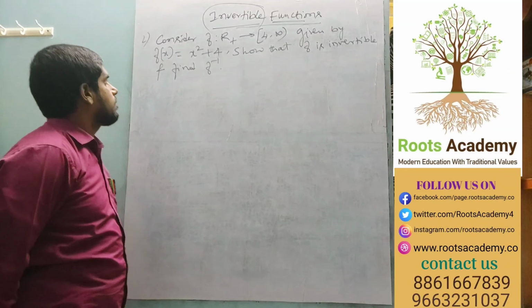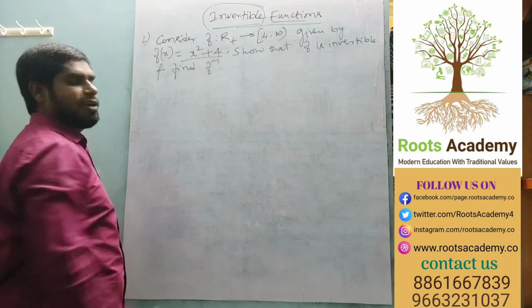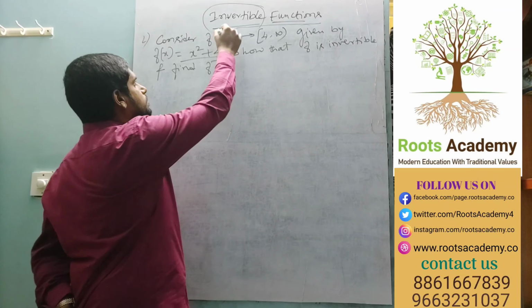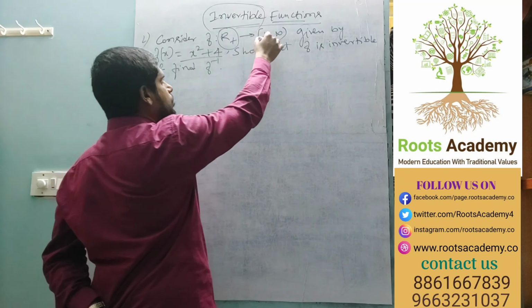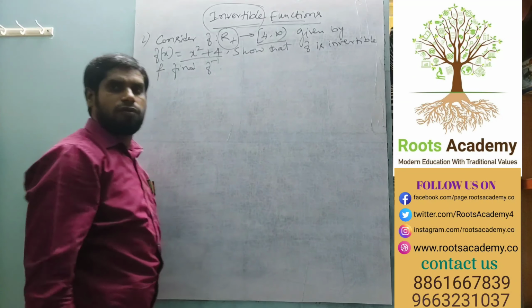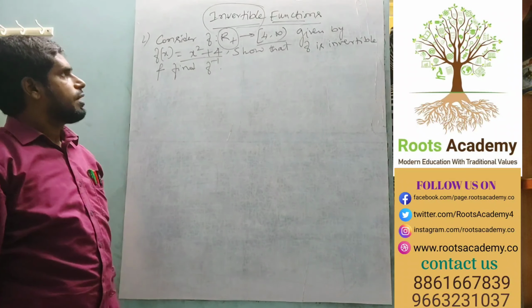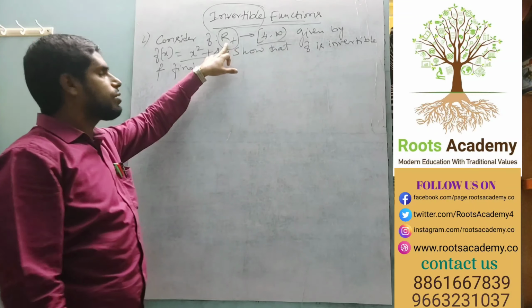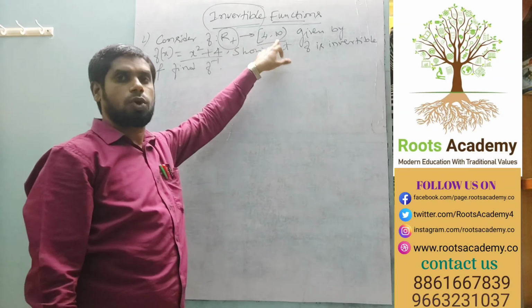Student, here the function is a quadratic equation and it is defined from positive real numbers to the closed interval [4, infinity). It means there are no negative numbers neither in our domain nor in our codomain.